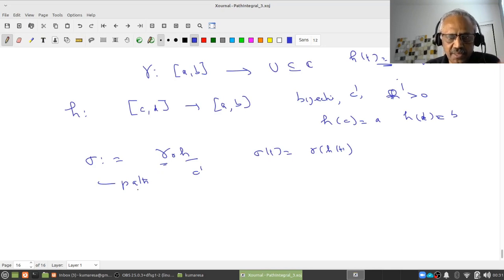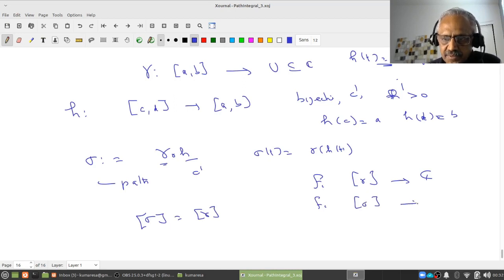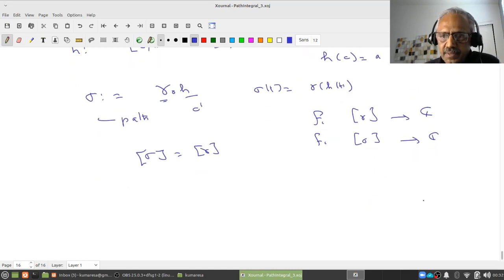Therefore, this is a path. Now if f is a continuous function from the track of gamma to C, notice that the track of sigma is the same as the track of gamma. Therefore, f is also a continuous function from this to C. So I can talk about the integral of f over sigma and ask what it is. Do you understand the question?